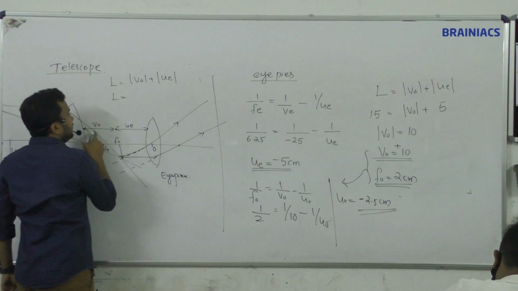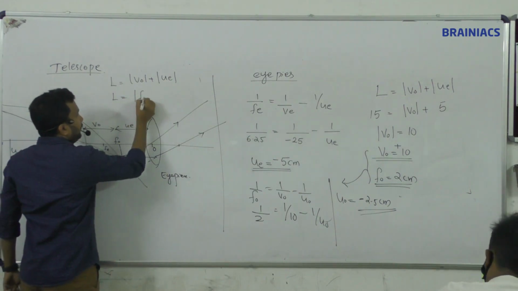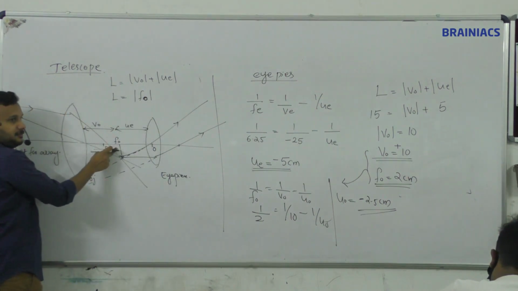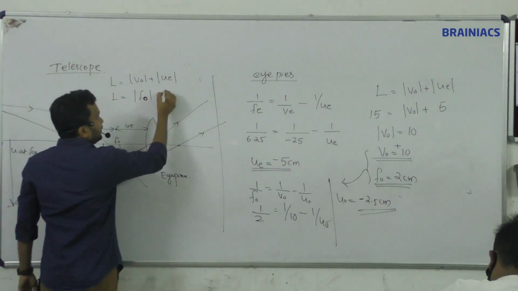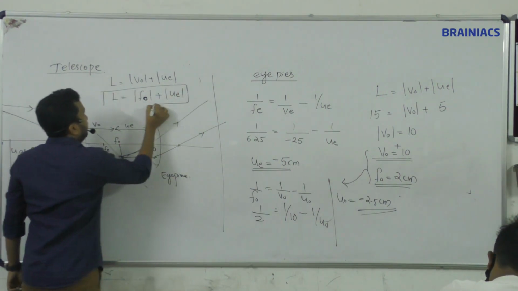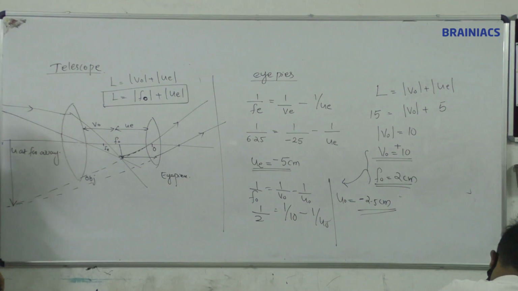But in this case, what is V0? Modulus of F0, because the image is at the focus point. So plus modulus of UE. Very important. This will come as a question directly. L equals F0 plus UE.